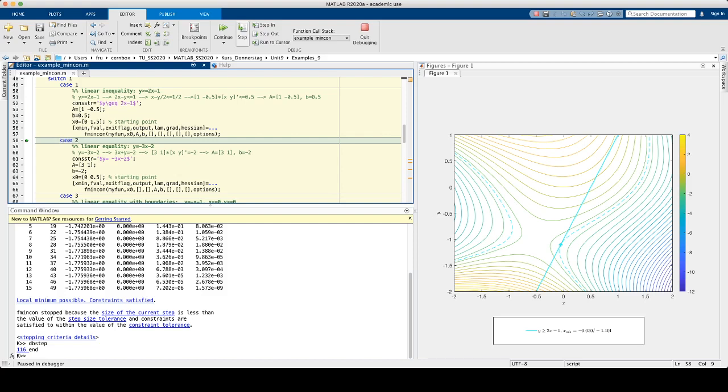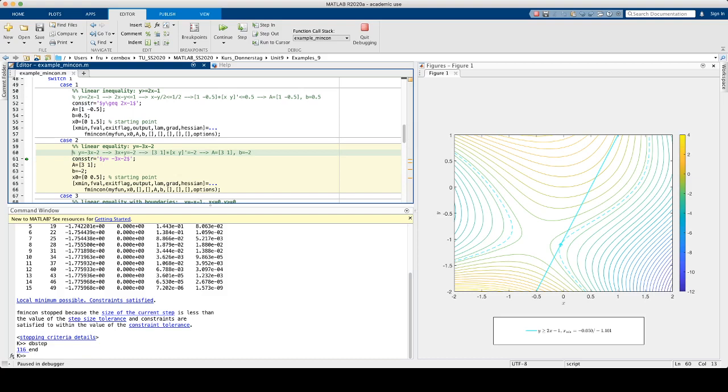Again, we have to reformulate the equation of this line such that it can be written in the form A times x, the coordinate vector, equals minus 2. Well, that's not very difficult. We can reformulate the equation as shown in line 60.